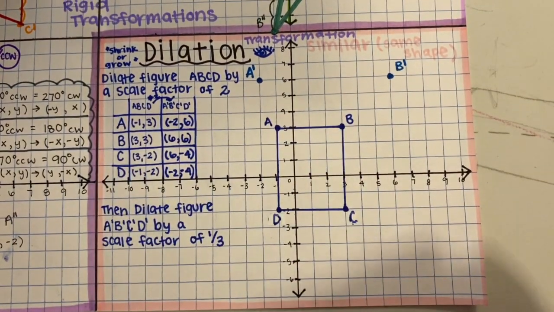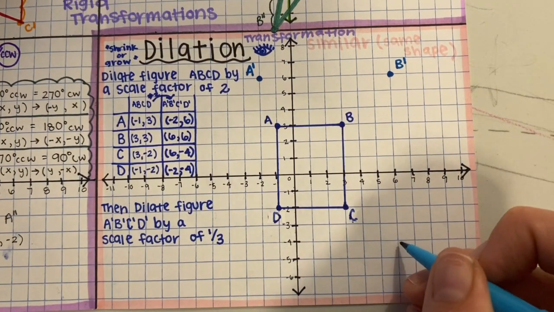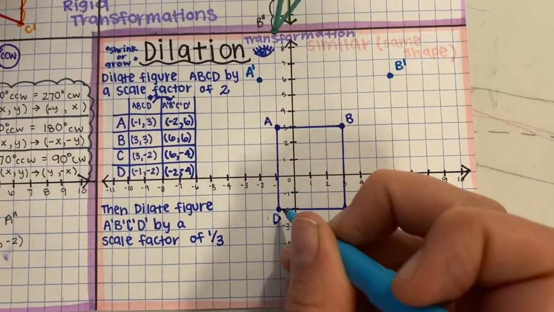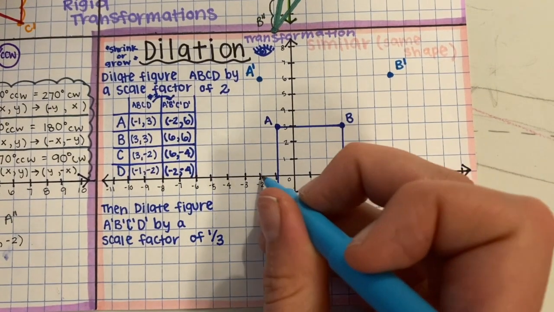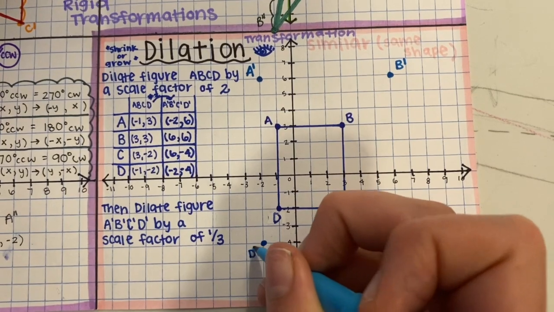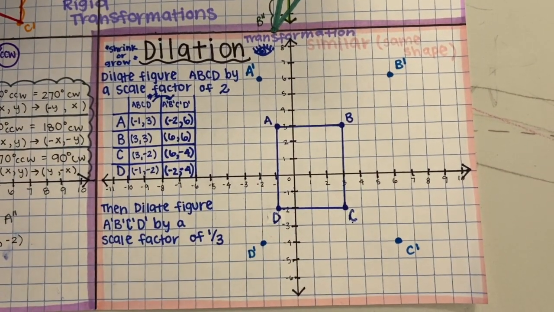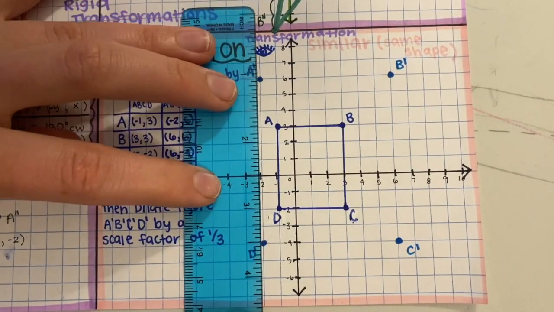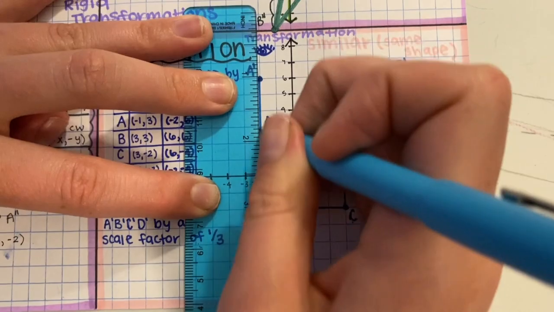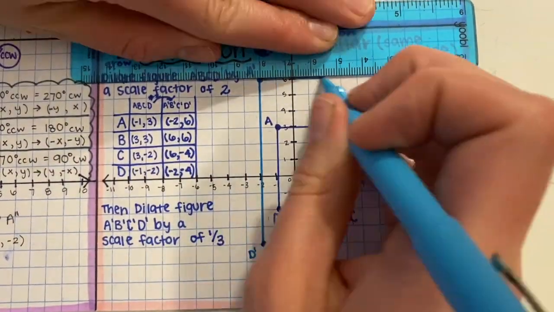C prime is at 6, -4. And D prime is at -2, -4. And then I can connect these dots. And I have my figure that has been dilated by a scale factor of 2.